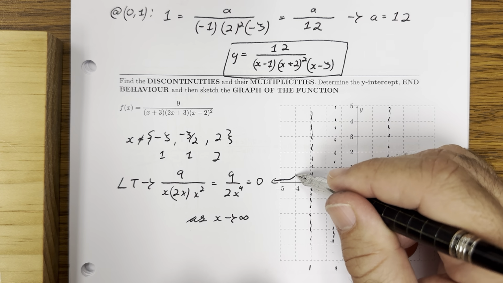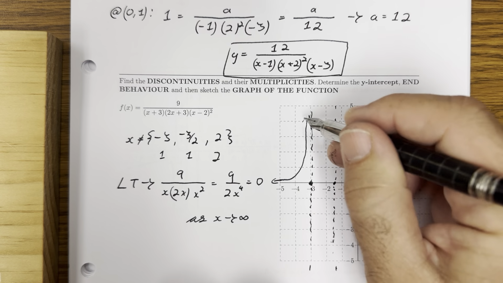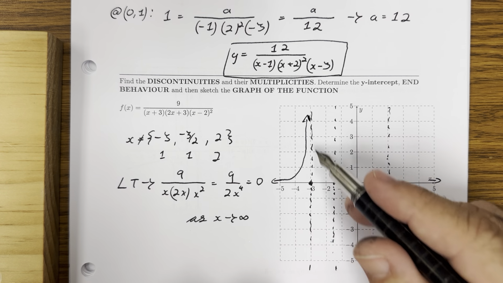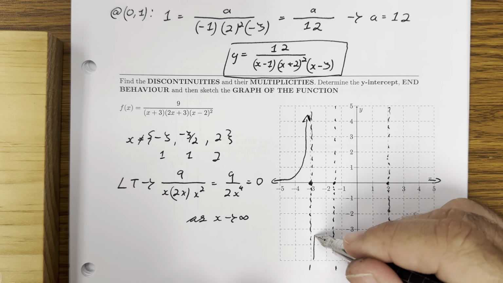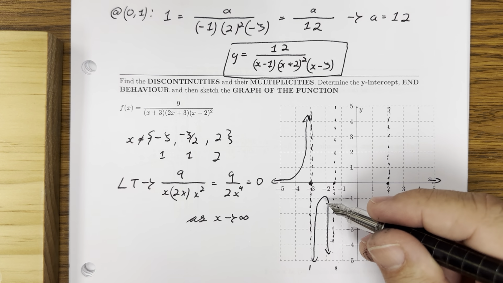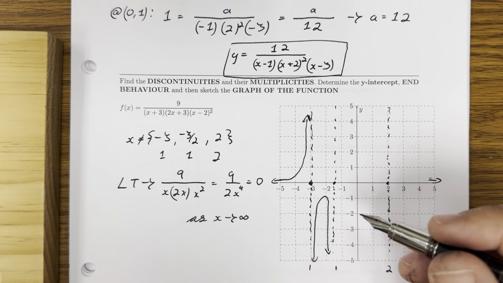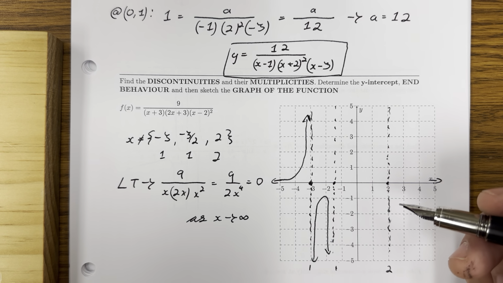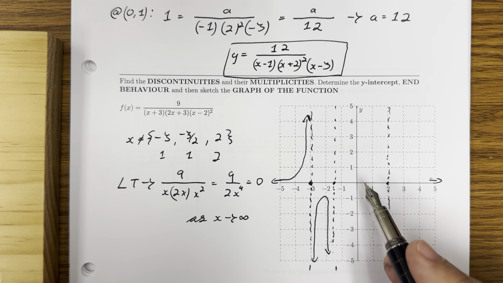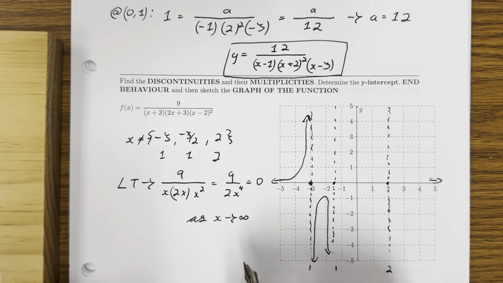So just kind of coming off this, graph that part right there, right? Because we can't cross that discontinuity. And this is an odd, so we change sides. Okay, again, don't really know how far we come up. You can just throw in a few test points if you want to increase the fidelity of the graph, but that is not necessary. Let's go ahead and find the y-intercept, though.